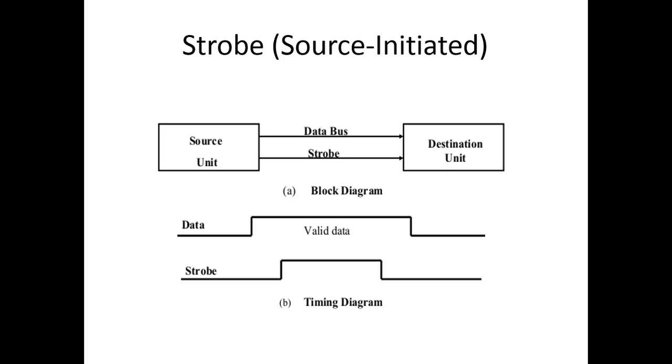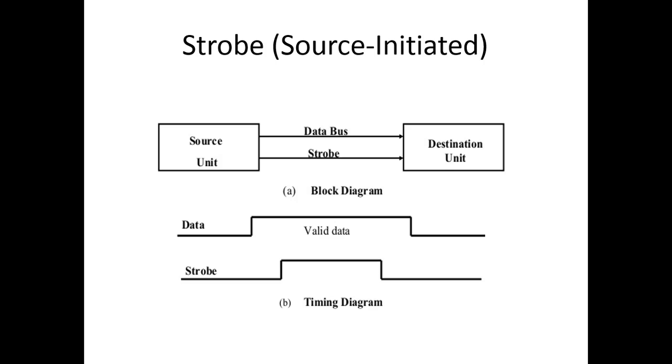So let us see the first possibility, in which the transfer of data is initiated by the source unit. Two types of diagrams are shown here. If you look at the first diagram, which is actually the block diagram for the required transfer, then the two units, source unit and the destination unit, are connected by means of two buses. The first bus is the data bus, and this bus is used to place the actual data contents so that it can be transferred to the other unit.